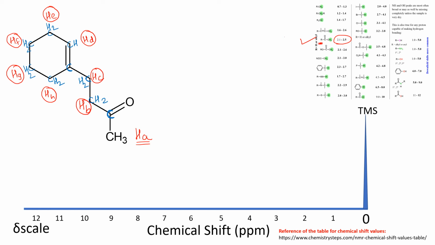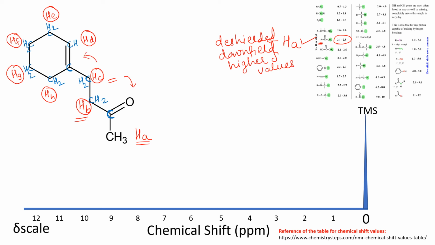So our HA is more de-shielded, and it will appear more downfield, at higher delta values, compared to the values given in the chart. Then we have HB, HC, which are closer to the carbonyl group and to this bulky group also. Then what we have is HD.